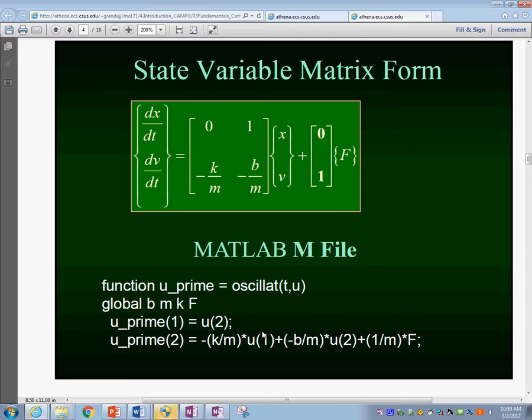In state space form, you have the derivatives on the left hand side, and then there is a matrix here, which is the A matrix. And then you see that vector where you see X and V. That's called the state variable vector. And then you have a vector of inputs. So that's where you have F.